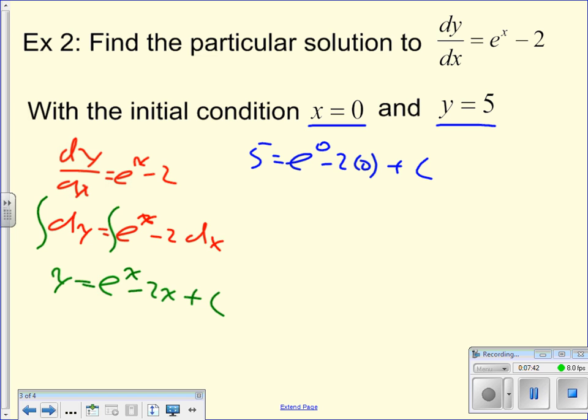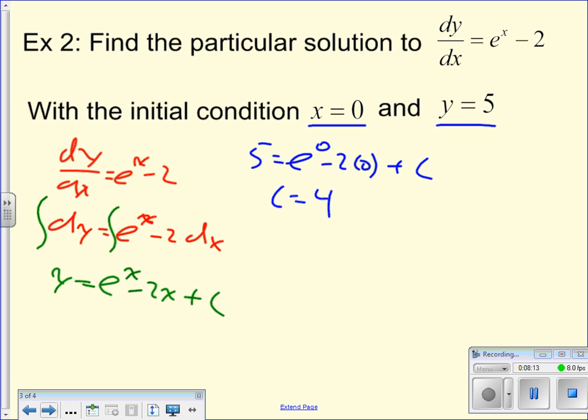Okay. e to the 0 is 1. 2 times 0 is 0. Oh, sorry. 5 equals 1 plus c. My bad. But we can check the tape. We can do instant replay. We don't want to do that.